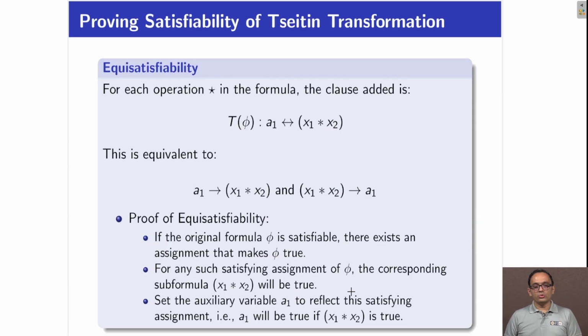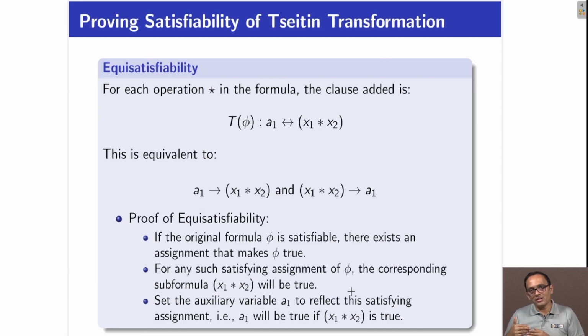Now I will prove that the Tseitin transformation indeed gives you an equisatisfiable formula. The idea is very simple. Your original formula was satisfiable, so there is already some assignment for each variable. The only new variables are A1, B1, whatever auxiliary variables I am adding.